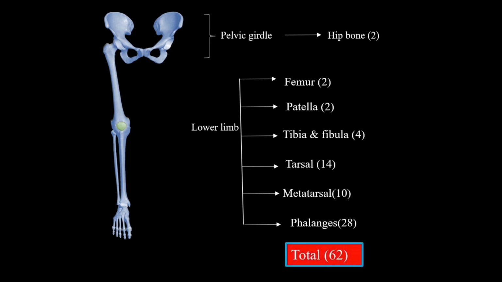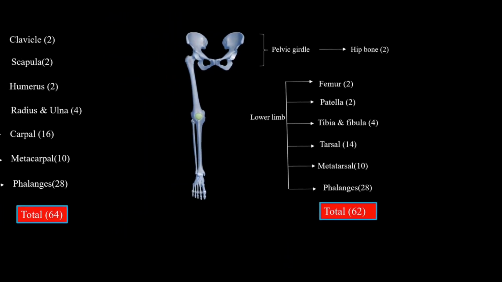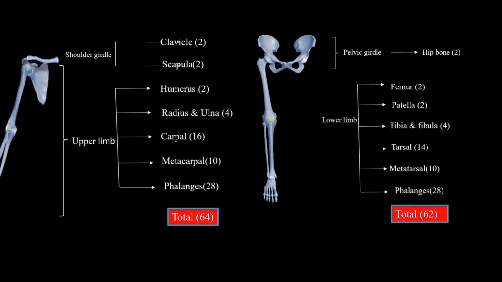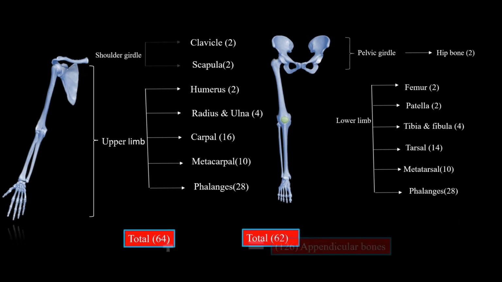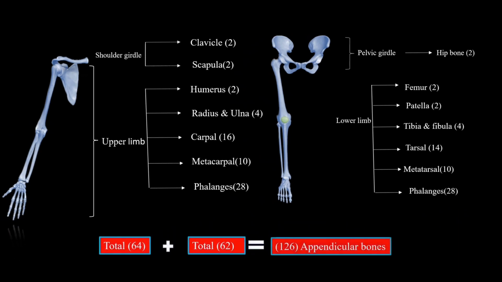There are a total of 62 bones of the lower extremities. So the total bones in the appendicular skeleton are 64 of the upper extremities and 62 bones of the lower extremities, a total of 126 bones.